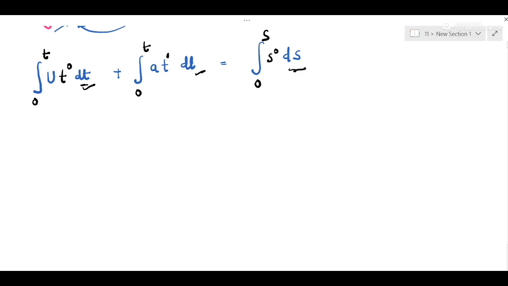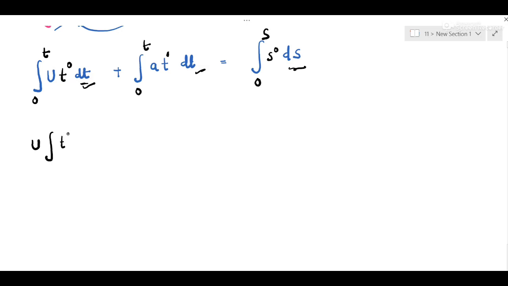So now let us do the integration. U outside, it is integration of t to the power 0 dt. A outside, integration of t to the power 1 dt, 0 to t, is equal to, here we can do the integration. 1 power would be increased, 0 plus 1 is 1 divided by 1.